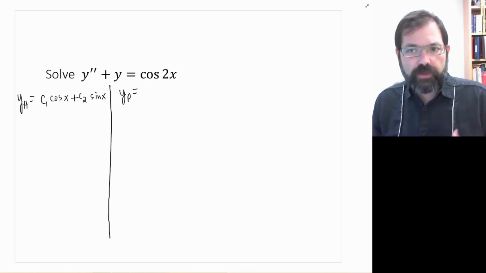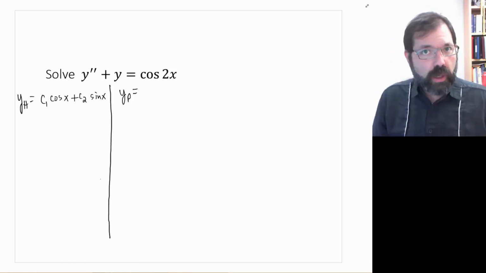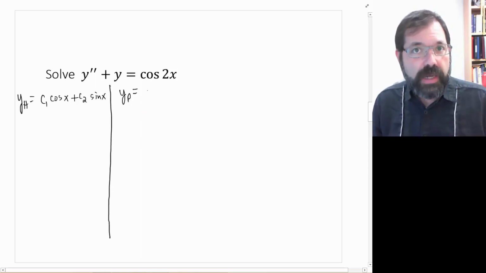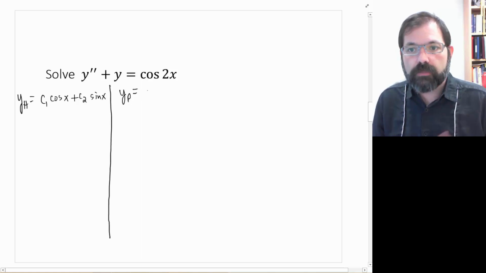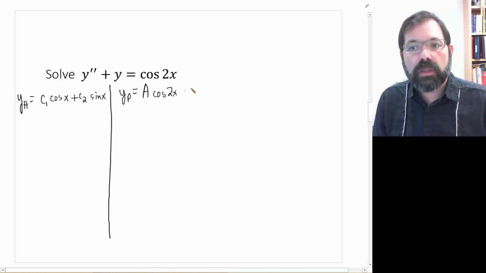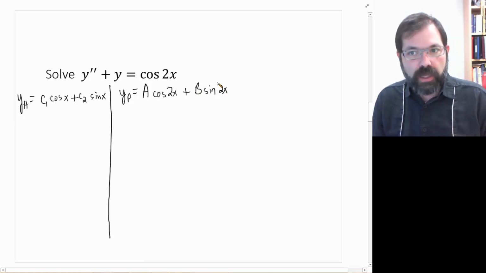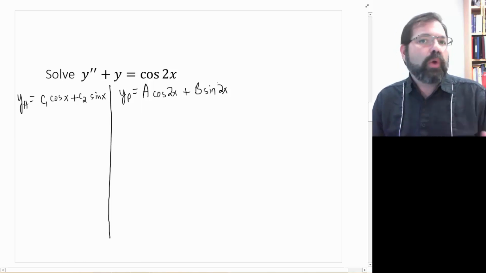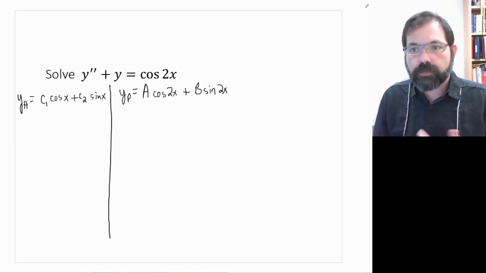If we have a form that involves a sine or a cosine, we make the assumption that it can be a combination of sine and cosine. So the assumption for y sub p is a cosine 2x plus b sine 2x. We can't forget that if we have a cosine or a sine 2x, we have to involve both of them.